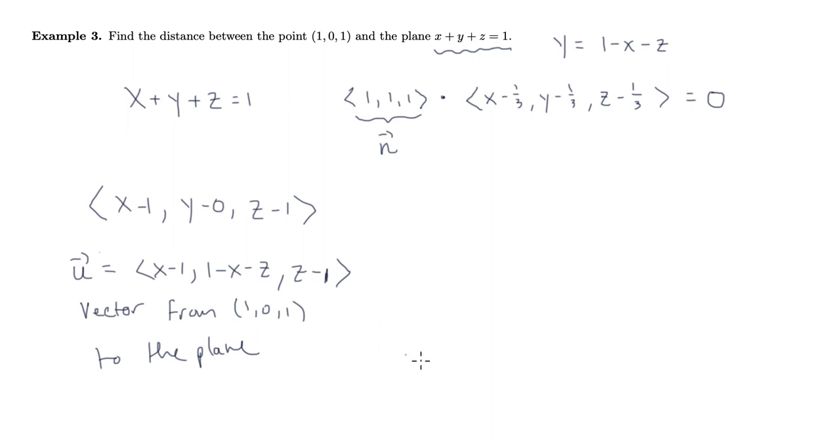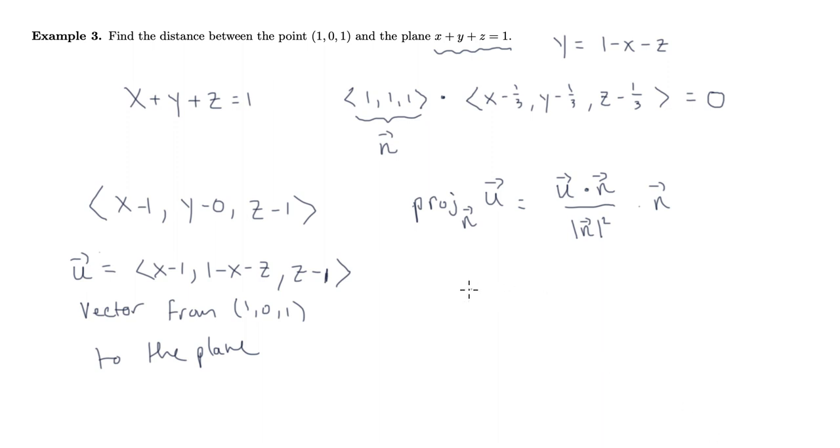Then the vector that's going to minimize the distance is going to be the projection of this vector u onto the normal vector n, which recall is u dot n divided by the length of n squared, and then in the direction of the normal vector.